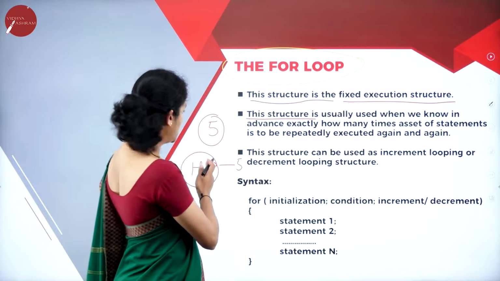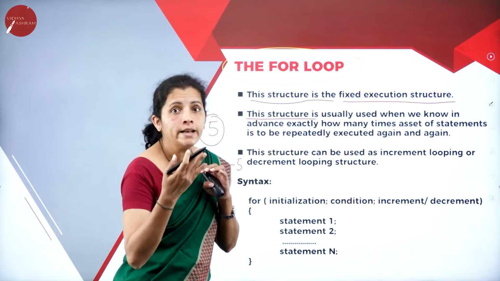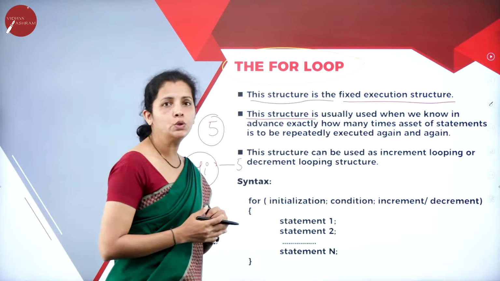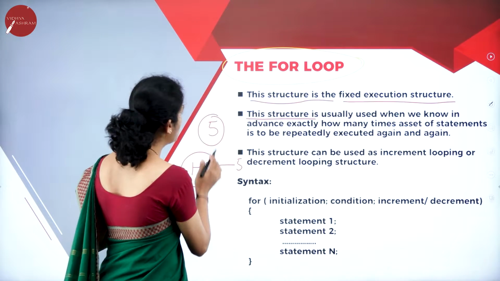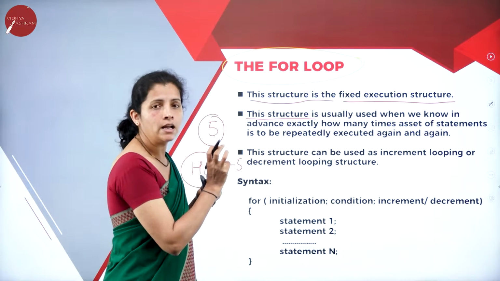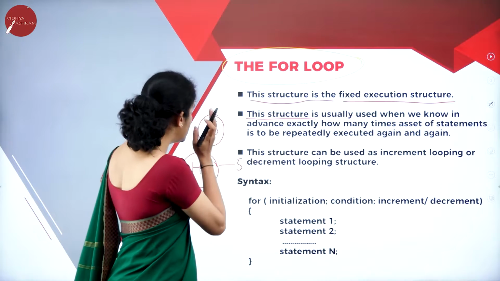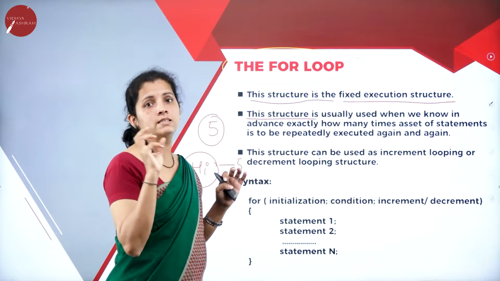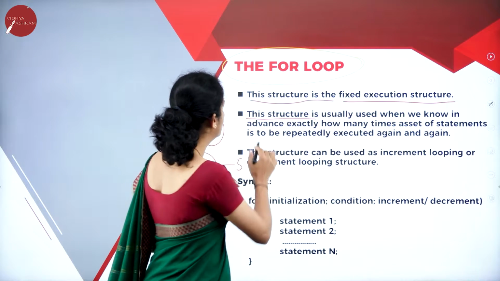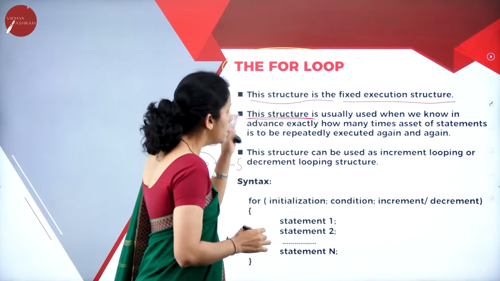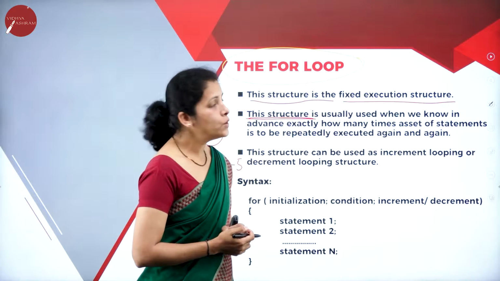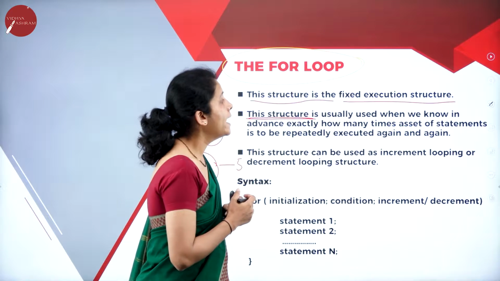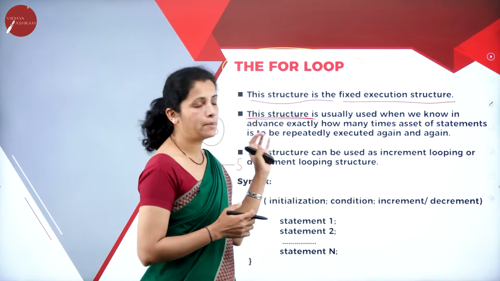I know what the message is and how many members I want to send it to. In that situation, I am able to use for loop. So I'm going to write the condition that I want to send this hi message to 5 members. So 5 members is nothing but 5 times. So this structure is usually used when we know in advance exactly how many times a set of statements is to be repeated.